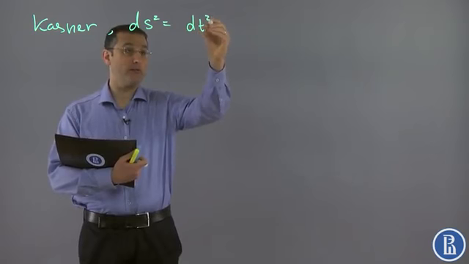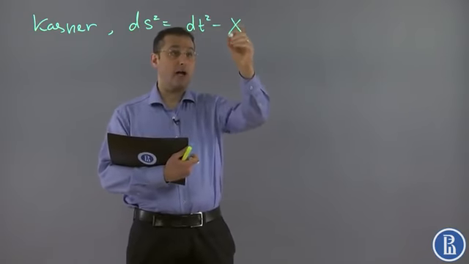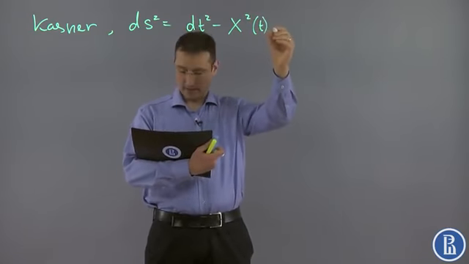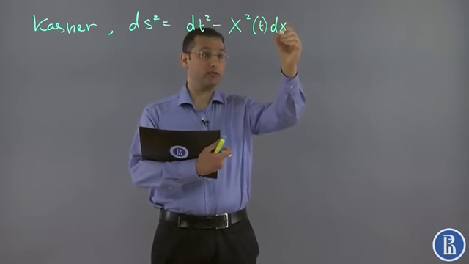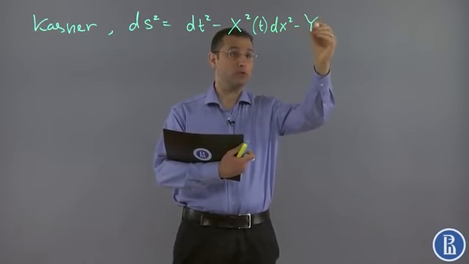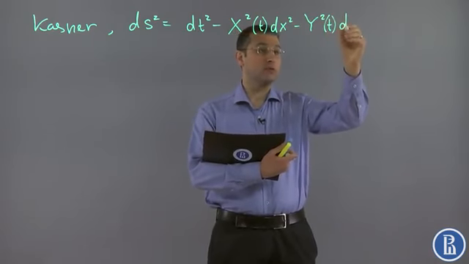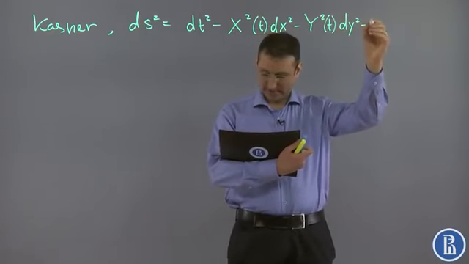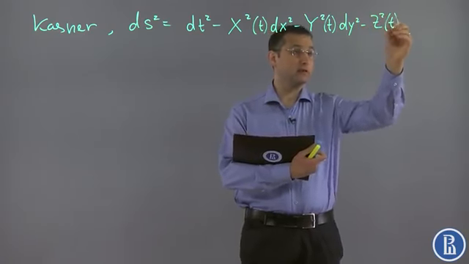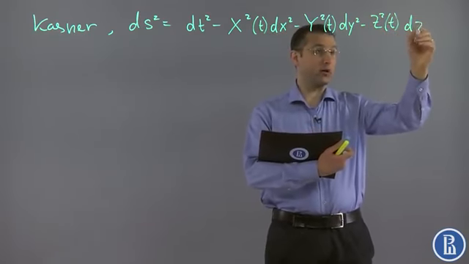dt squared minus x squared of t times dx squared minus y squared of t times dy squared minus z squared of t times dz squared.